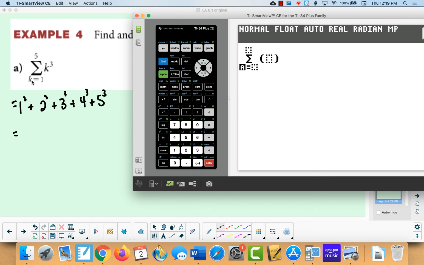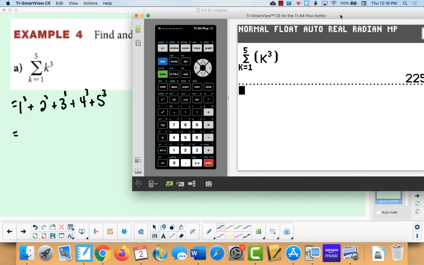So we want K. I'm going to find where the green letter K is, and that's right above this parentheses here. If I click that parentheses, it's going to put a K in for me. Then we said K equals 1 to 5. And here we have to plug in the formula. So we want K again, so we have to hit this alpha and then that parentheses again. And then we're cubing K each time.